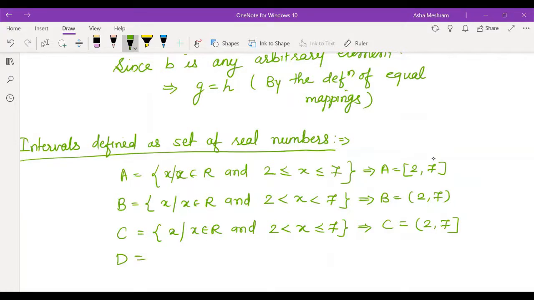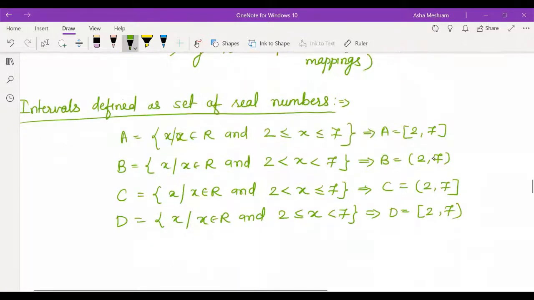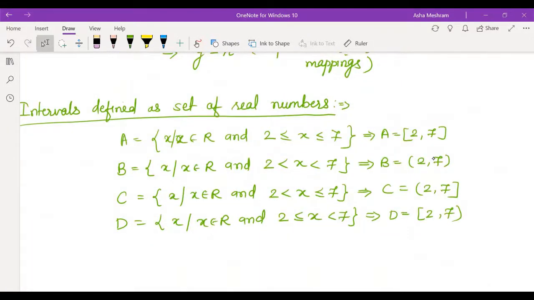So D contains all the elements x such that x belongs to R and 2 less than or equal to x and strictly less than 7. So this is nothing but the set C in the form of an interval, closed from the 2 side and from the 7 side it is open. So these were the sets of real numbers which are written in the form of intervals. Now we take examples.